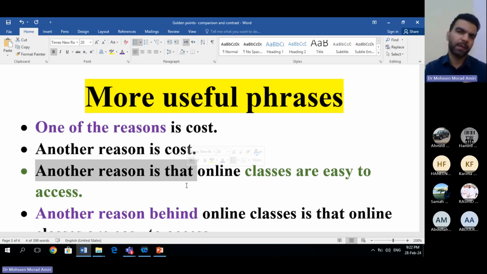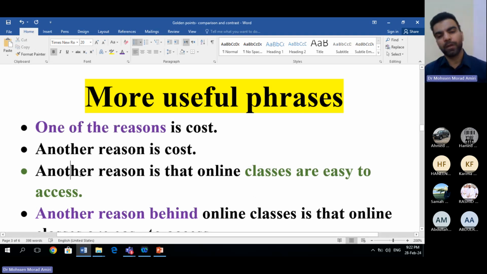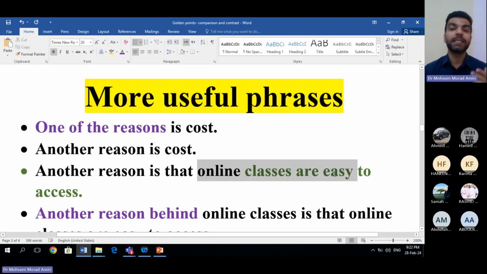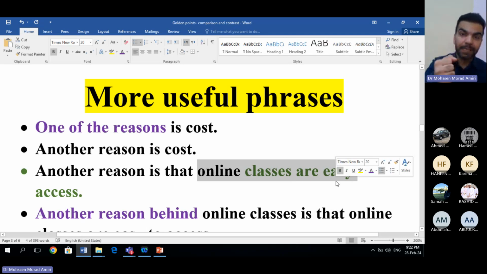For example, we're comparing online class with traditional class. How to write the reasons: you can say one of the reasons is that, or another reason is that online classes are easy to access. Access means to reach, to use.